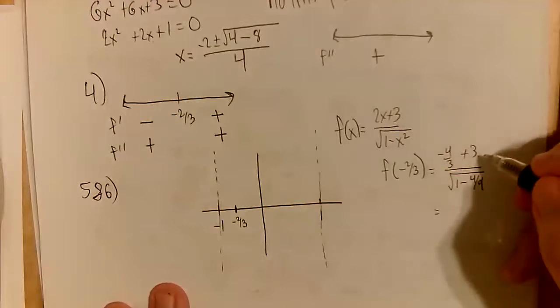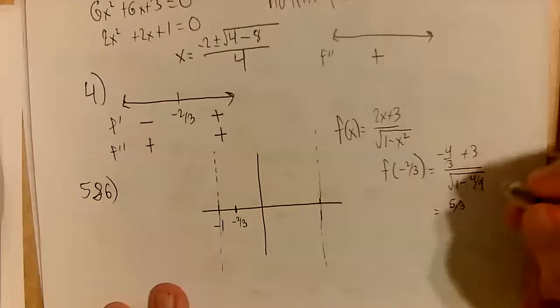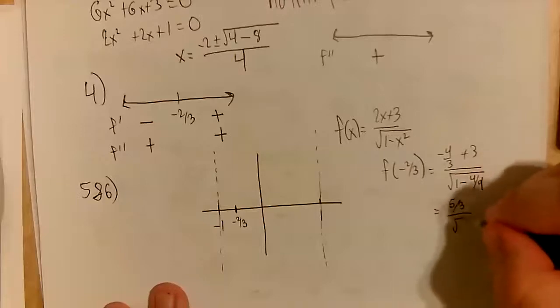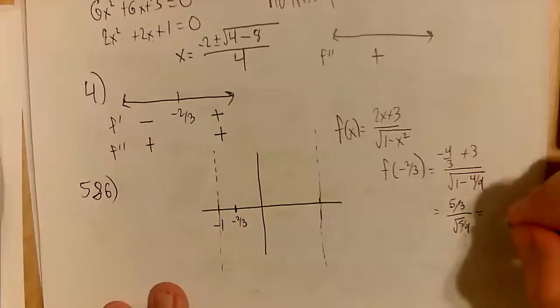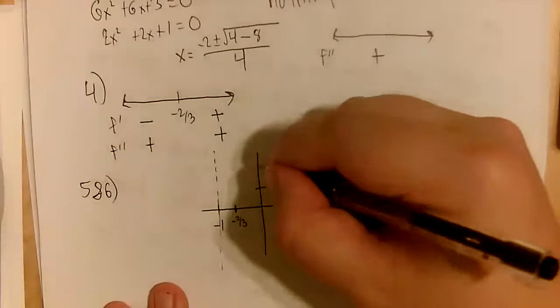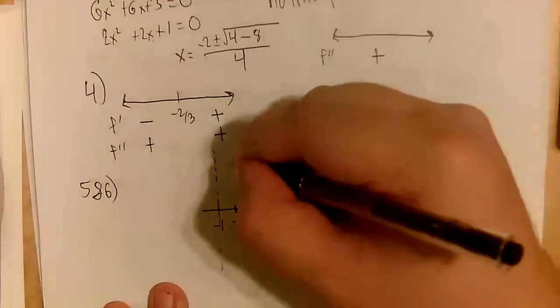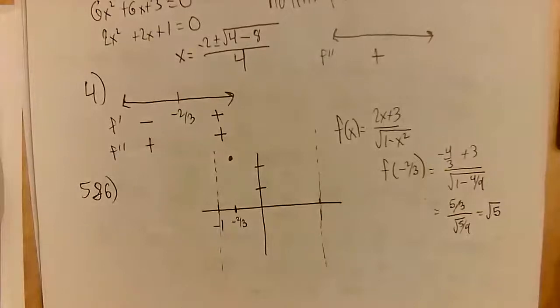So let's see here. We're going to end up with 5/3 over the square root of 5 over 9. And if we simplify this, I'll save you the details, we end up with root 5. So root 5 is a little bit bigger than 2. So let's put that right here.